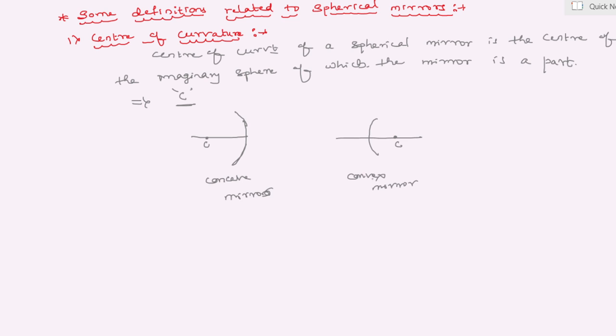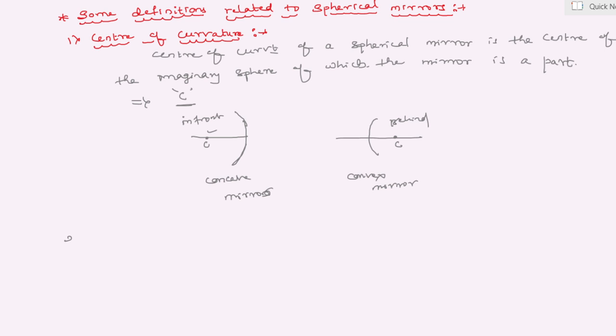It means in case of concave mirror, center of curvature is lying in front of the mirror. Yes, the same way in a convex mirror, what happened? The center of curvature lies behind it. Here behind, and in a concave mirror it lies in front. Is it clear? Yes, my dear students.